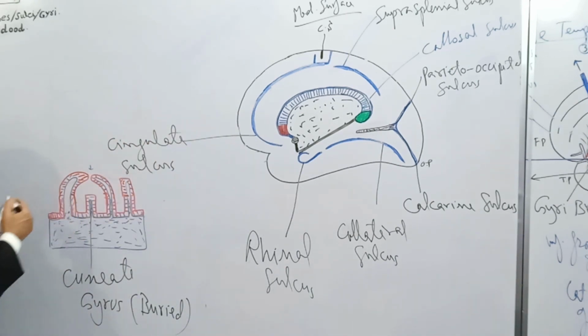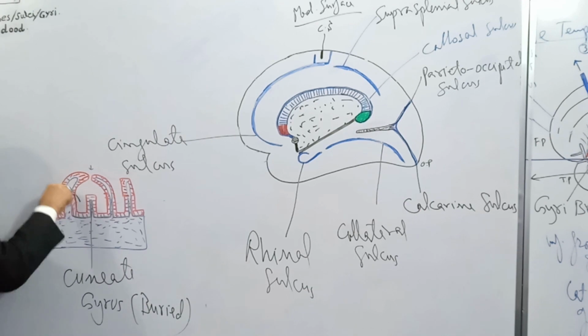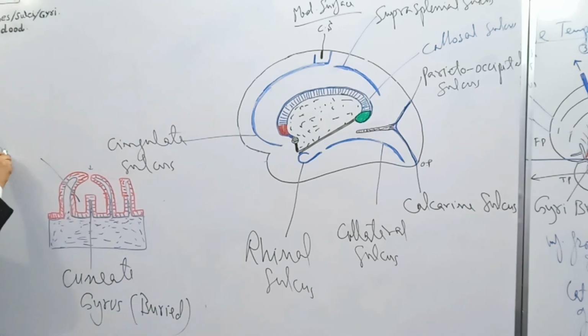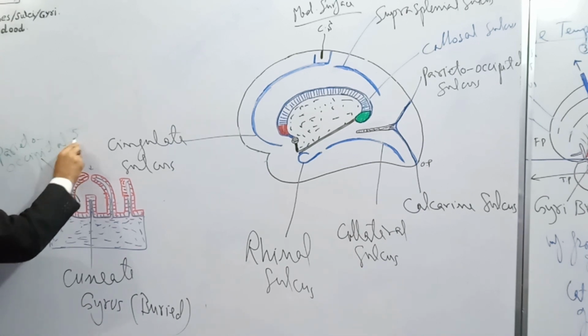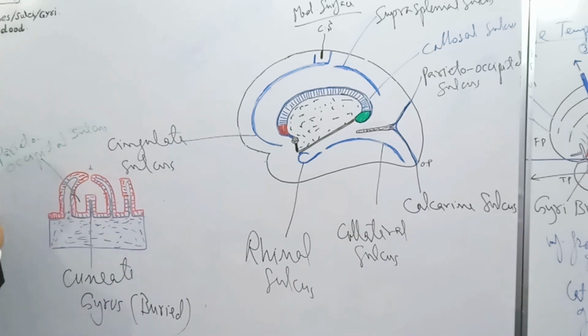So now what is this? This is parieto-occipital sulcus. Green color may not be visible to you.